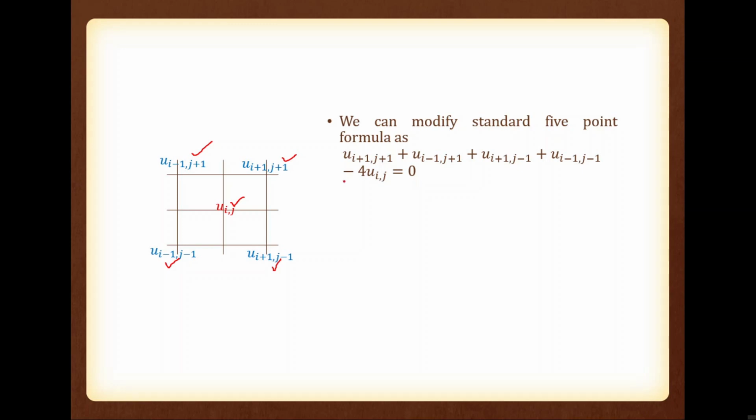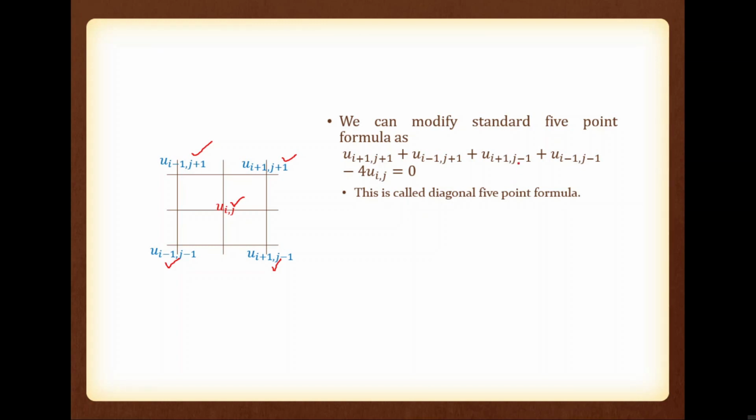We can do that. Instead of considering these 4 points, we can consider these 4 points. So this is known as the diagonal 5-point formula. The previous formula is known as the standard 5-point formula. Normally we are using that. This formula is known as the diagonal 5-point formula.